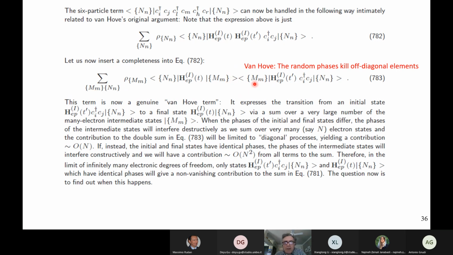Now look what happens. I'm summing over intermediate states, and these are intermediate phonon states, because I'm summing over all the phonons. So the number of phonons that I have is huge. Look at what happens: this is a matrix element between a particular state and an intermediate state. All of them. This is an identical guy.